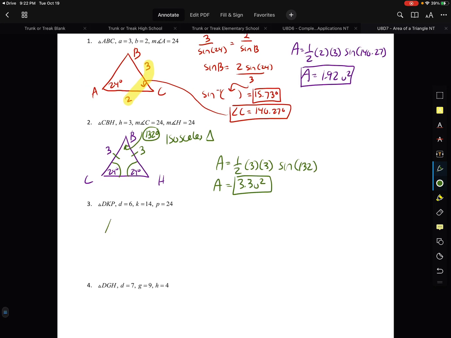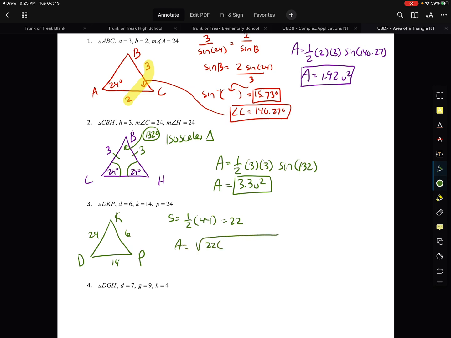Alright, so I got 3 sides. D, K, P: 6, 14, 24. So since I have 3 sides, I can use that Heron's formula. S equals half the perimeter, which in this situation is half of 44, which is 22.